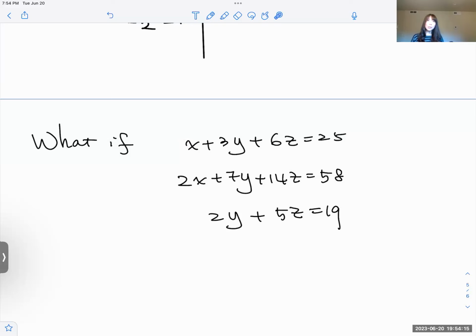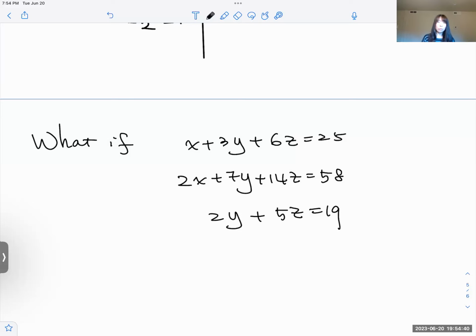But next time we will be using linear algebra tools like row echelon form, or reduced row echelon form to find it. Okay, so what if we have more variables? What if we have more equations? How do we do it, right?